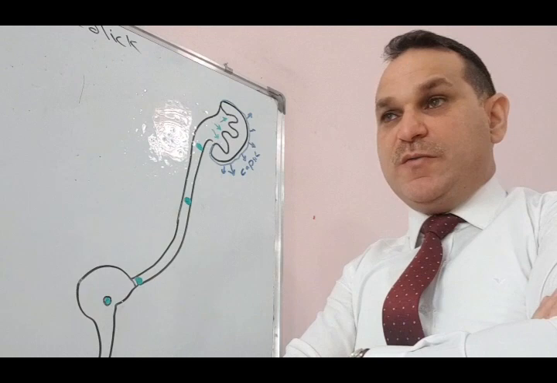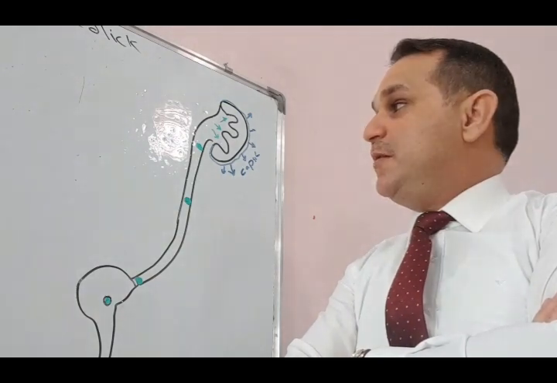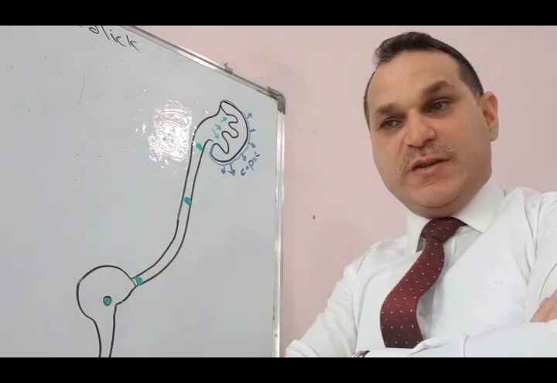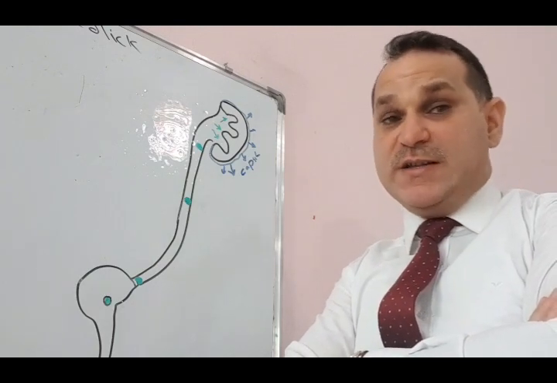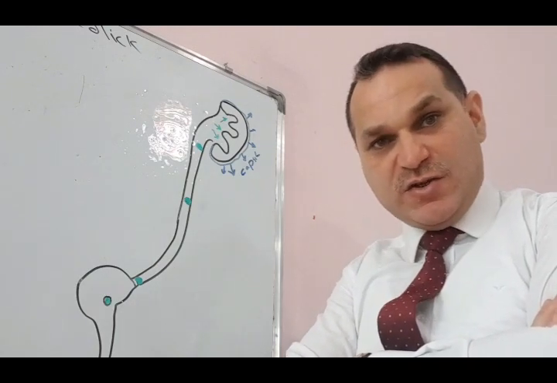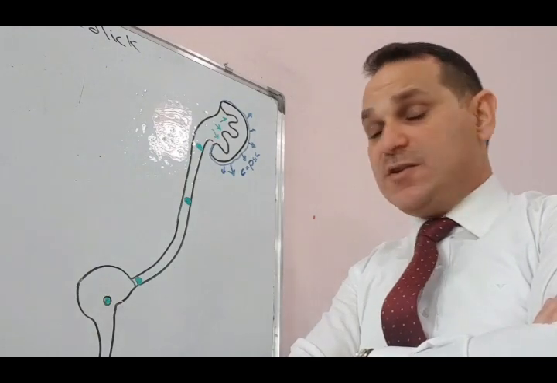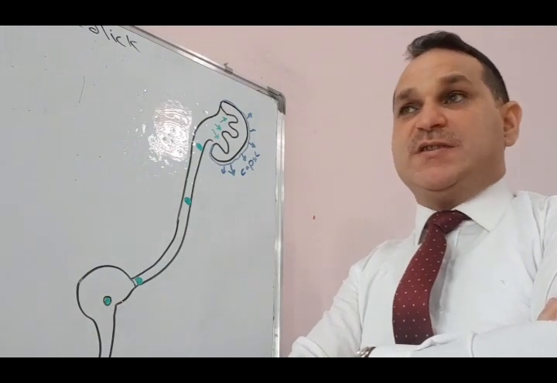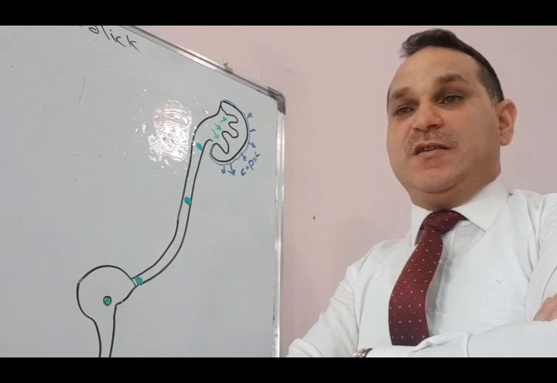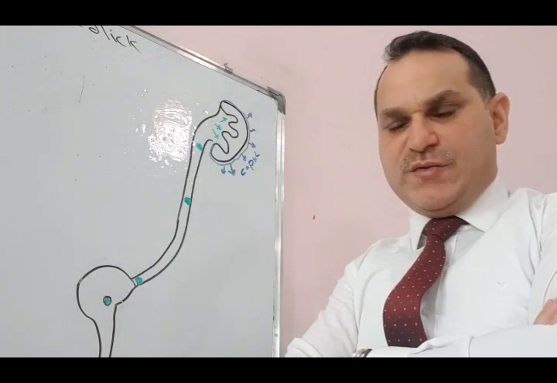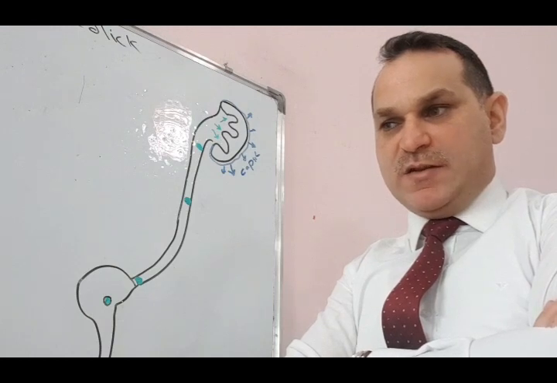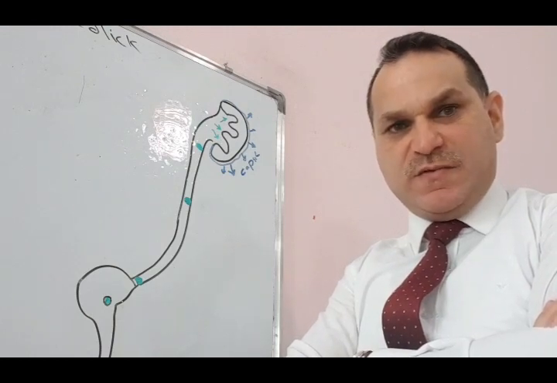pyonephrosis. So in the presence of pus in the collecting system, we call it pyonephrosis, which is different from pyelonephritis. Pyelonephritis means inflammation of the renal tissue, but pyonephrosis means that pus has developed in the renal collecting system, which is a dangerous and disastrous condition for the patient.